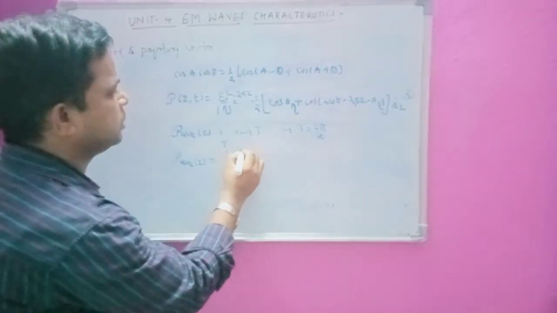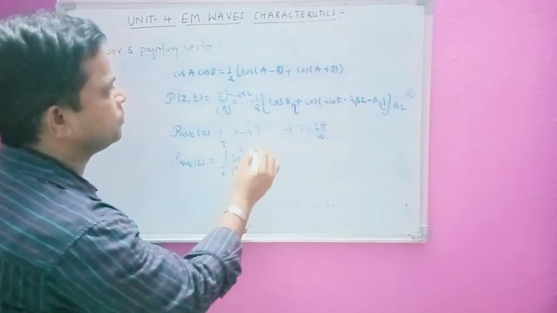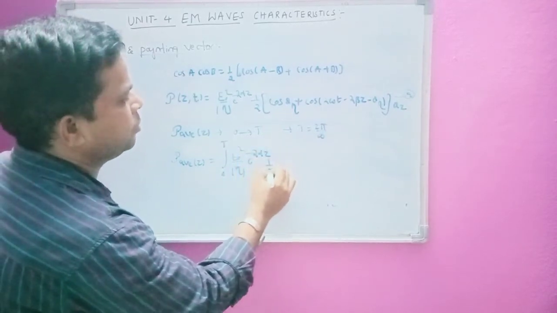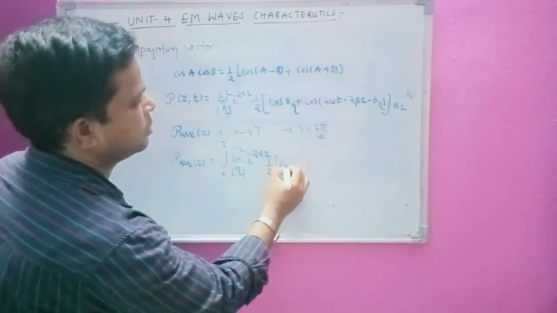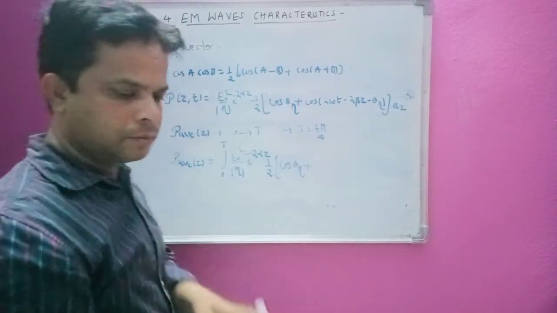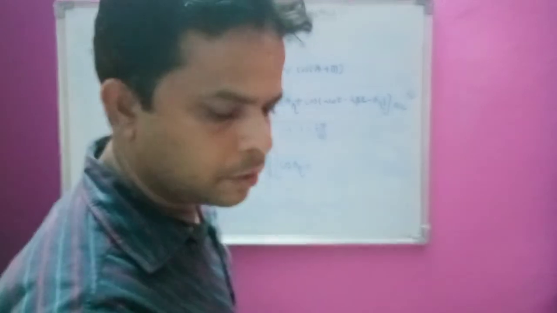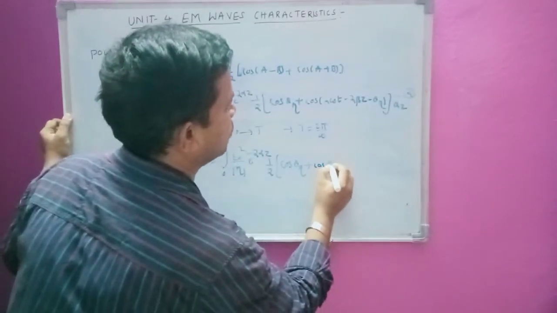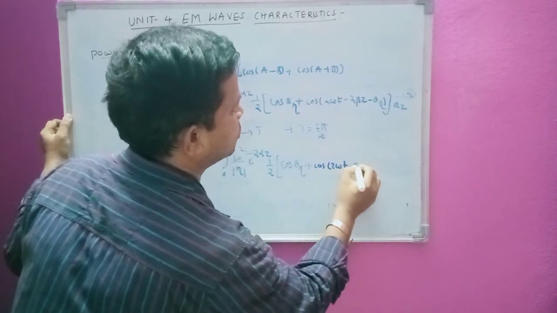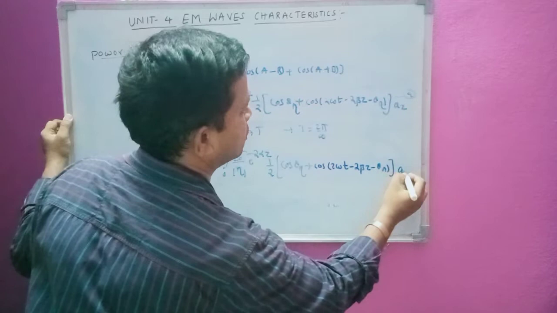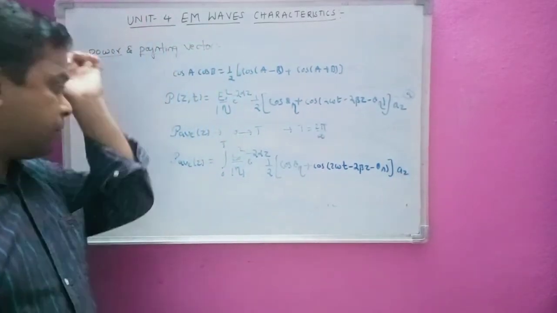So E naught square by mod eta e power minus 2 alpha z, 1 by 2 [cos theta of eta plus cos of 2 omega t minus 2 beta z minus theta of eta] az. Okay, so this is the equation what we have got.